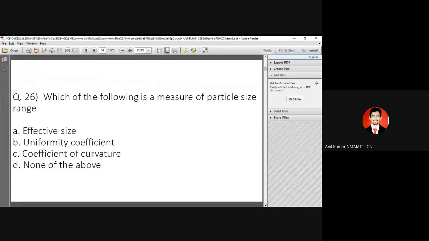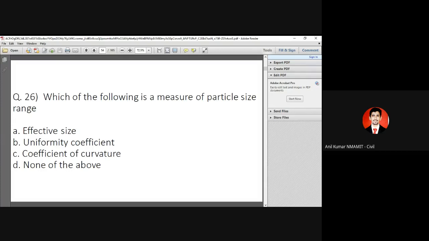Next one, the 26th one. Which of the following is a measure of particle size range?